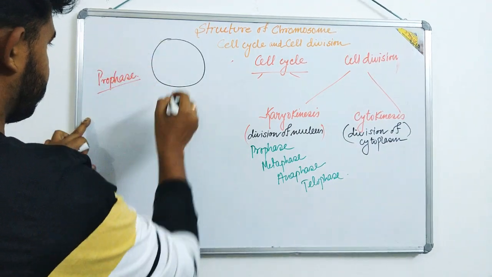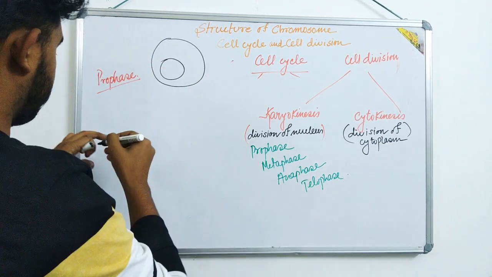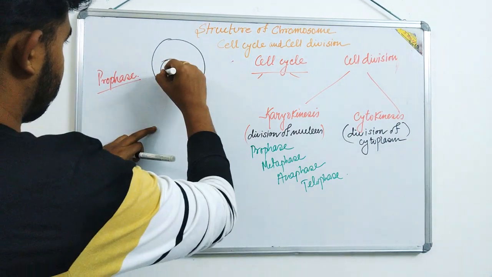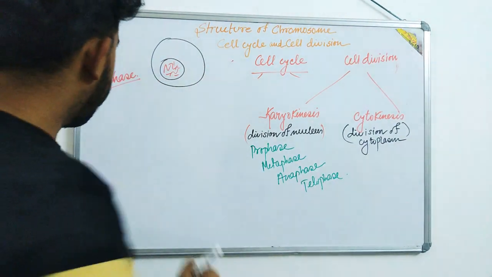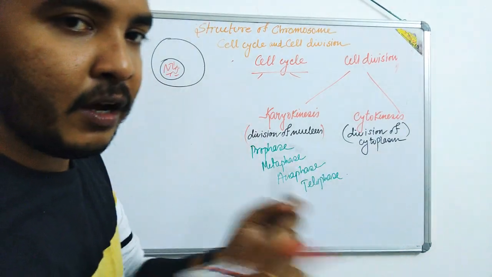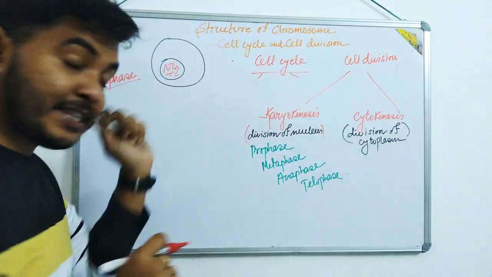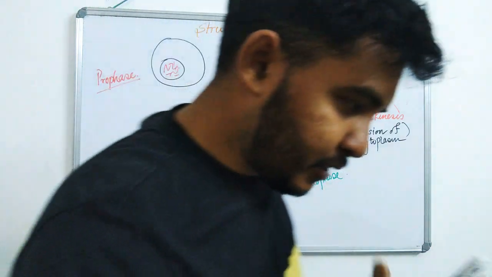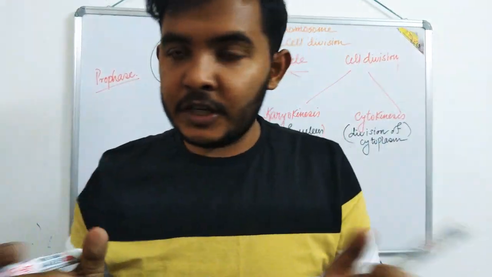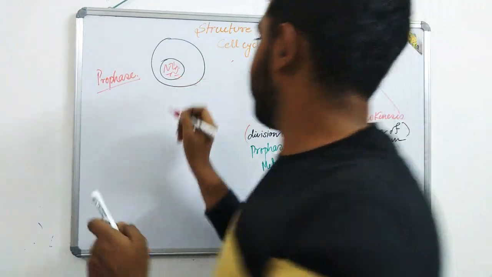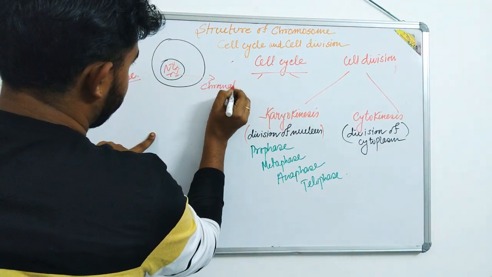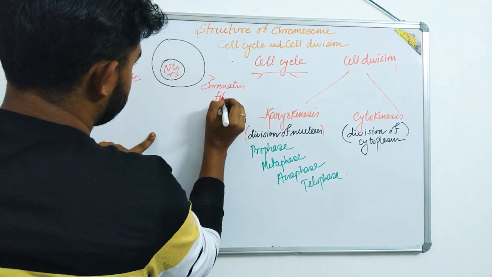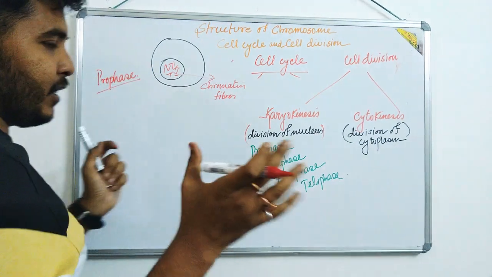Let me just draw. This was your DNA and this was your nucleus. These are the chromatin fibers. Prophase is the start of the division. As I have mentioned before, at the moment of the start of the division, these chromatin fibers will start condensing.